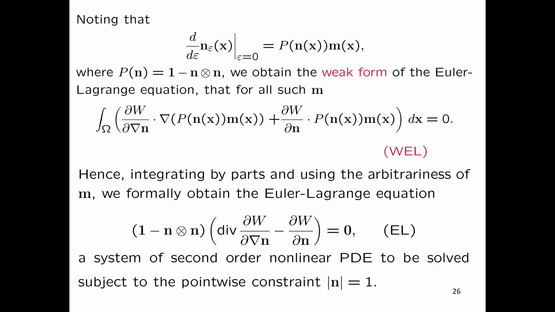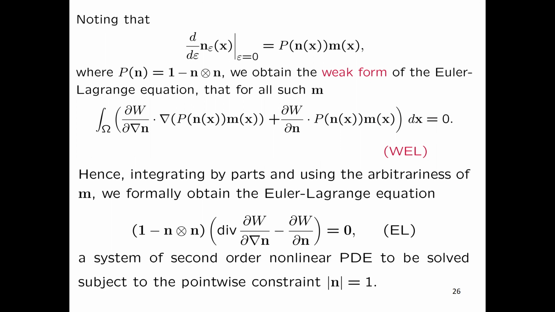So now if you integrate by parts and use the arbitrariness of m, you formally obtain the Euler-Lagrange equation: the identity minus n tensor n times the usual Euler-Lagrange equation, so the divergence of dW with respect to gradient of n minus dW/dn is 0. So the fact that n is a unit vector has the effect of multiplying on the left the usual Euler-Lagrange equation by this projection.